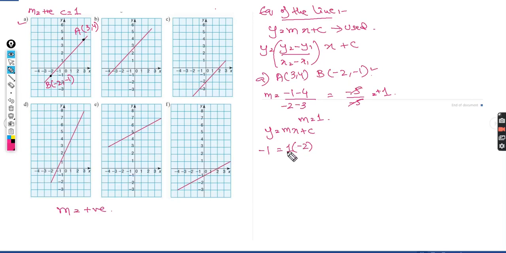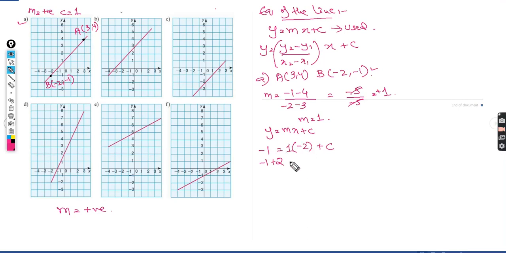So minus 1 equals 1 times negative 2 plus c. We have to find out c. Let's suppose we are not given the graph and we have to find out c. In order to find c, we'll solve for it. 1 times negative 2 is negative 2.